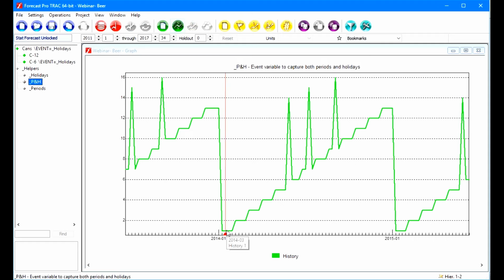So what you see here is a step function of sorts with spikes in it. So what we're doing is we're assigning an event type to the first 4 weeks of the year, so essentially the January time period, another event to the next 4 weeks of the year, and we're cycling that through the 13 different 4 weeks units within the year while still maintaining these holiday spikes.